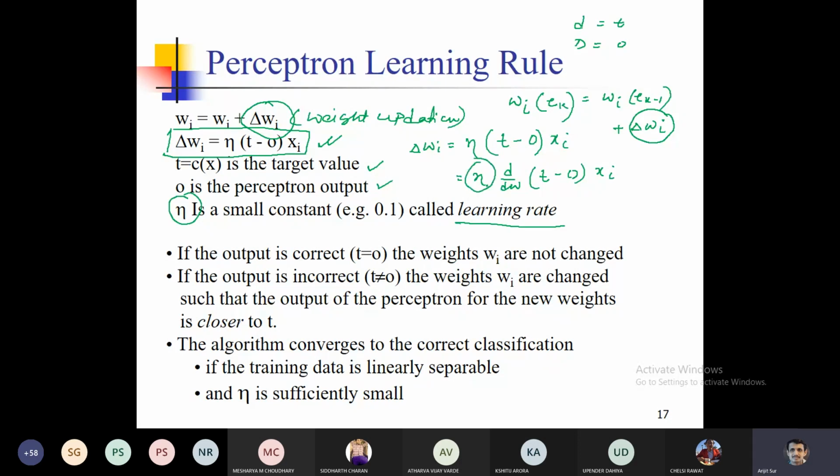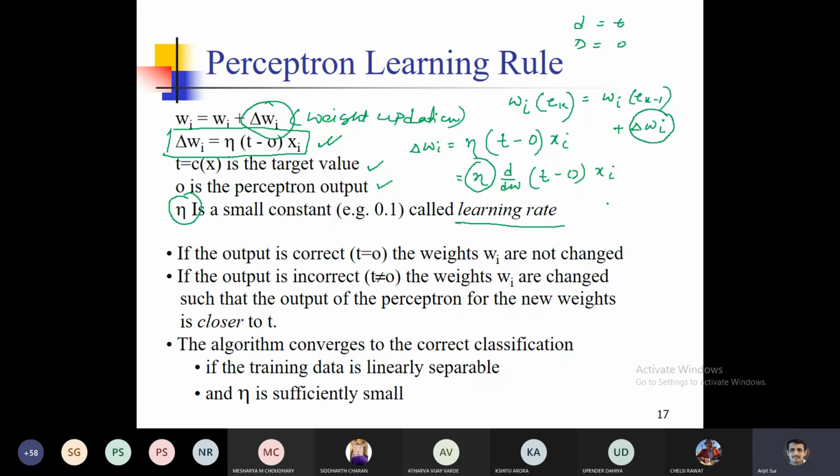This is called the learning rate, which we have already seen in the training of linear regression. It means how quickly we are converging, or trying to converge.